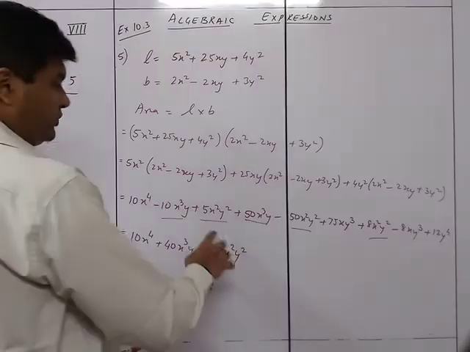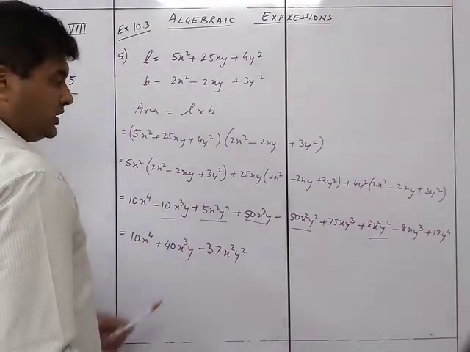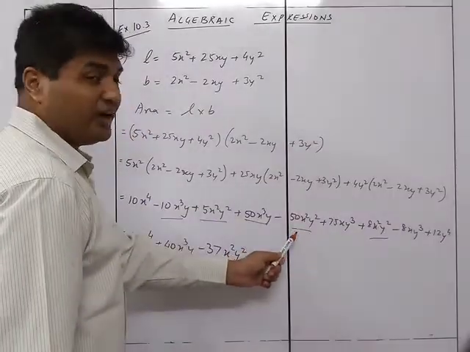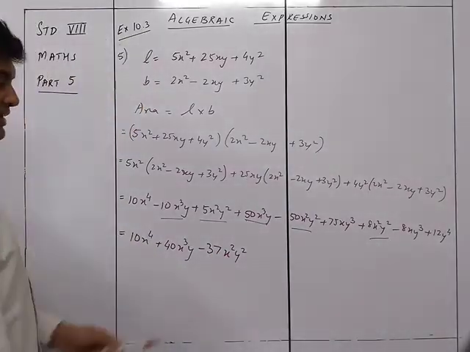Okay, it is this way. This is 5, this is 8. 5 and 8 is 13, 13x square y square, and this is minus 50. So 50 minus 13 is 37. So minus 37x square y square.